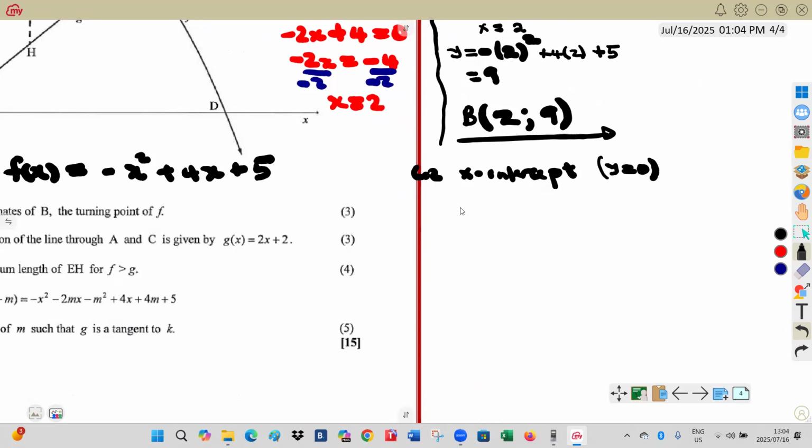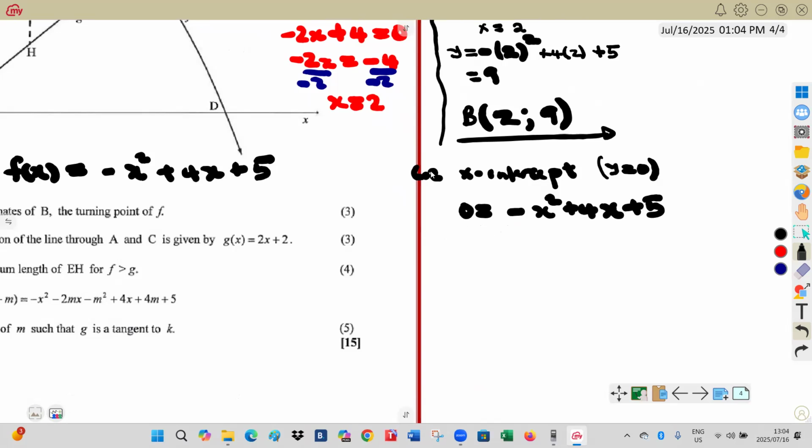So our 0 will be equal to minus x squared plus 4x plus 5. Then we can negate everything, dividing throughout by a negative.